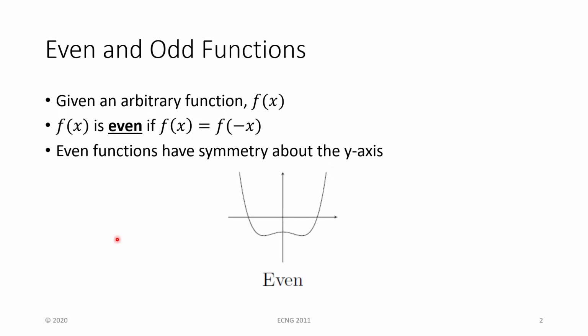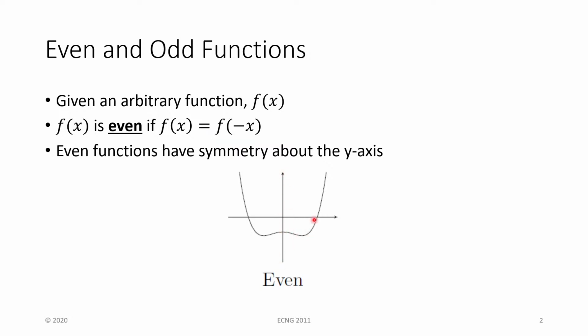For any arbitrary function f(x), we can say f(x) is even if we reverse the signal and obtain the same signal. That just means that f(x) is equal to f(-x). Once we have the same signal when we flip the signal horizontally, we say that this function is even in nature, which means it has symmetry about the y-axis.